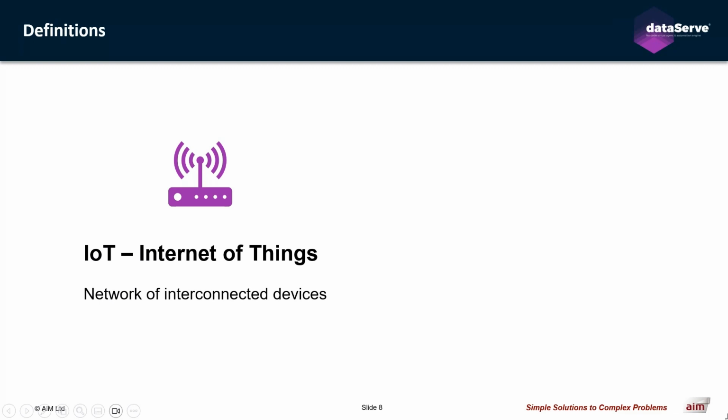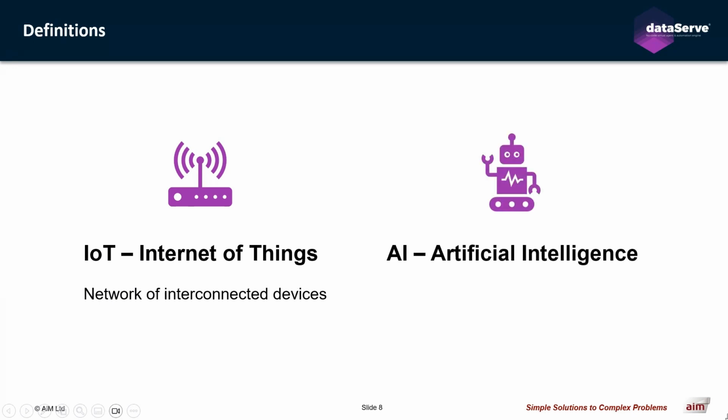Moving on, our next definition is AI, which I suspect needs less introduction, given the enormous excitement around this technology in the last 12 to 18 months. AI, as I'm sure you know, stands for artificial intelligence, which involves creating systems that can mimic human behavior and decision-making processes.